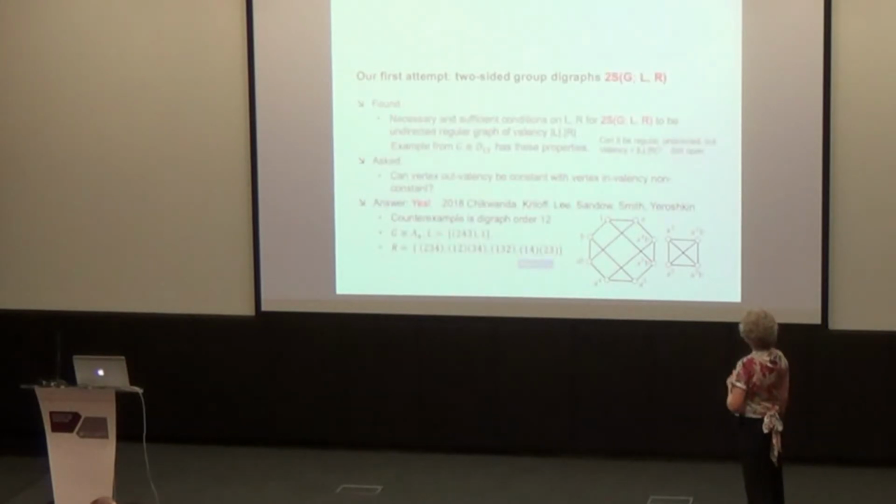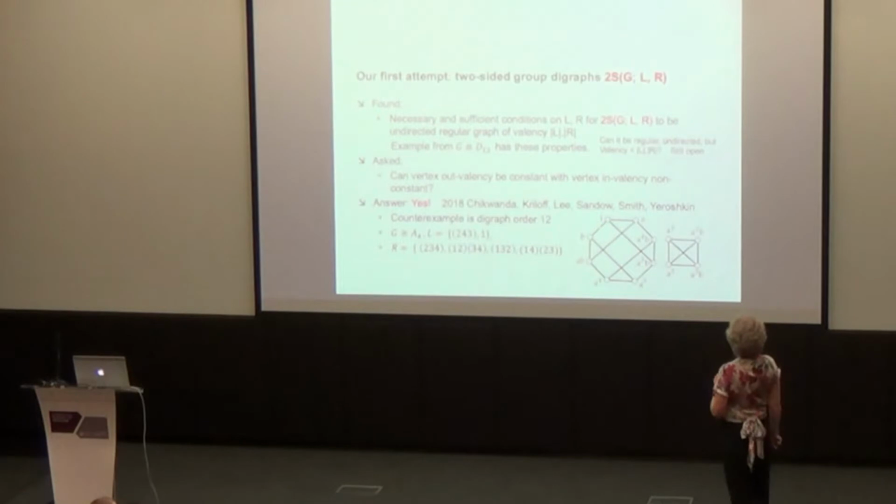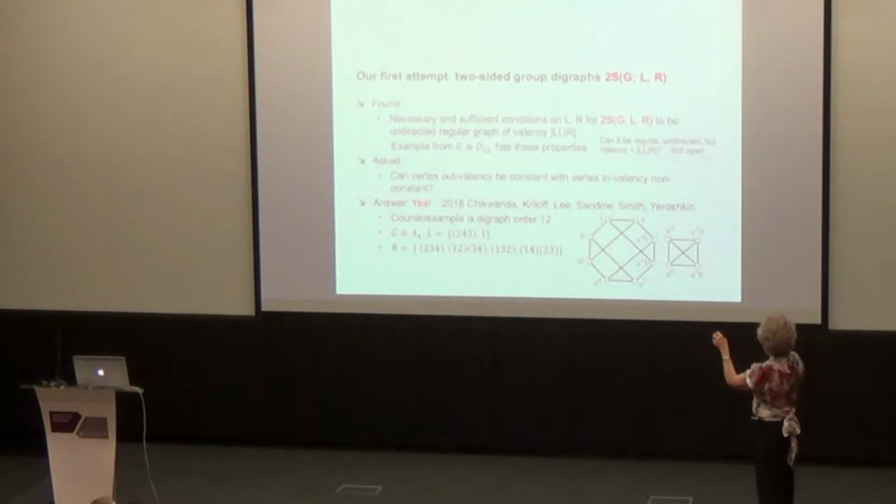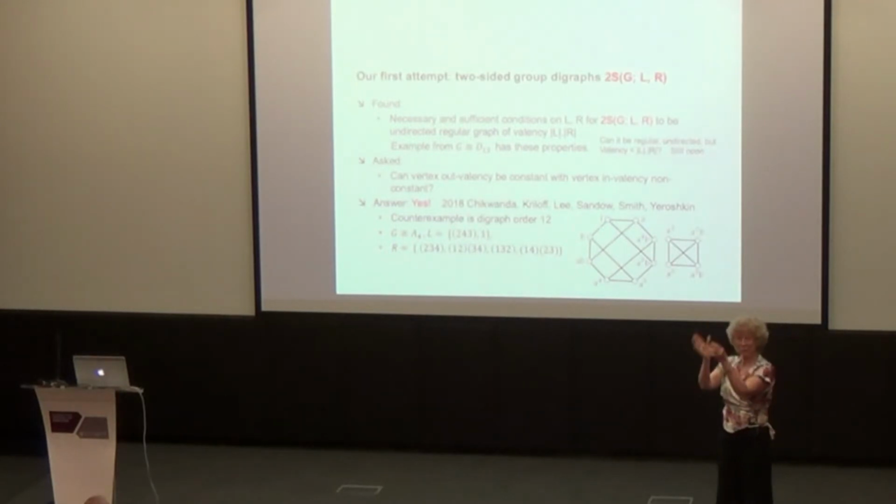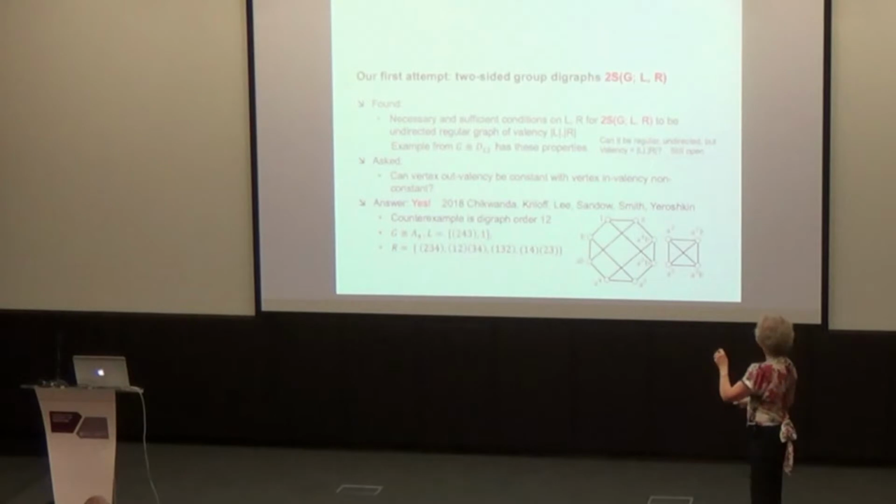What did we learn about these graphs? Well, we found some necessary and sufficient conditions on L and R for our 2S graphs to be undirected and regular of valency, what you would hope it would be, so the maximum possible size of L times the size of R. And this is an example.